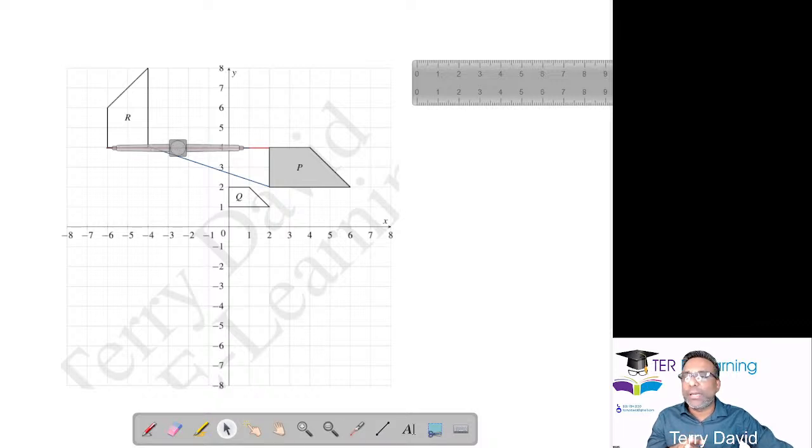So let's find the perpendicular bisector of this line first. If you want to find the perpendicular bisector, you open your compass and open it such that it's more than half the length of the line. So this is what I'm going to do. I'm drawing these construction lines here. Then we come across to this side.